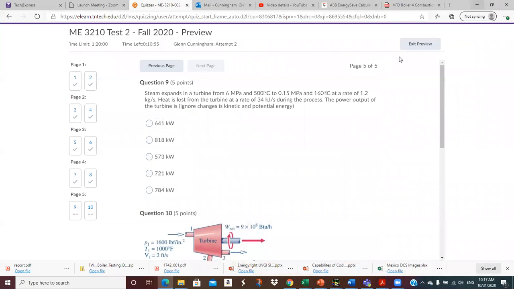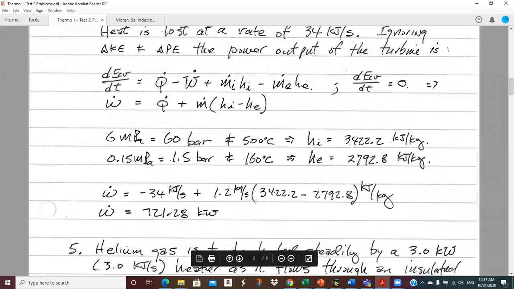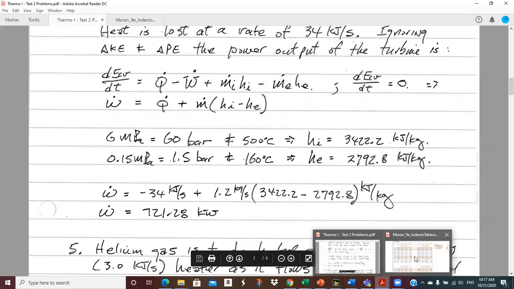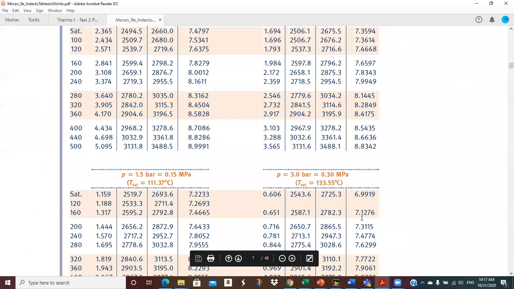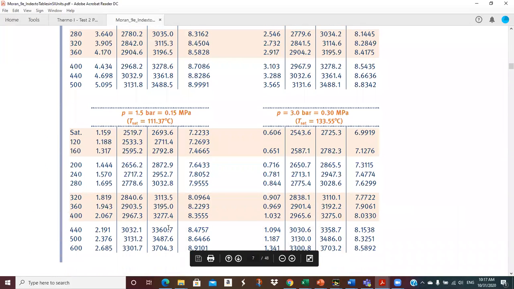Check that. Okay, 3422.2, and then 1.5 bar at 160. Good, direct lookup. That's easy. 2792.8.